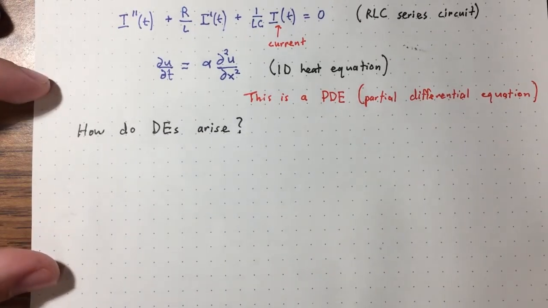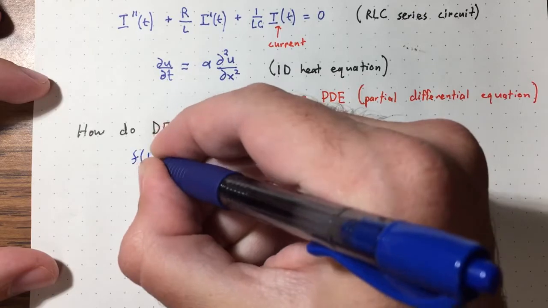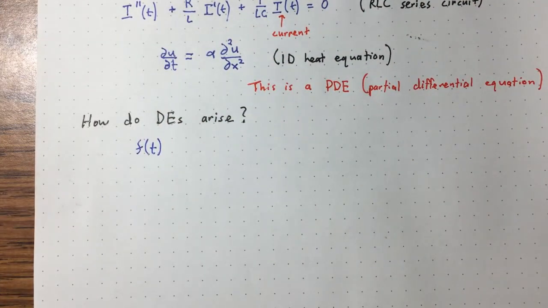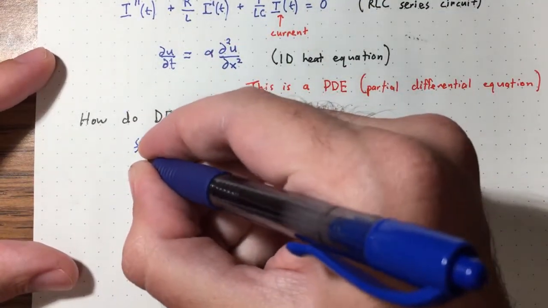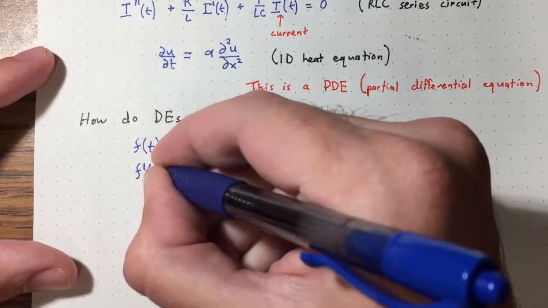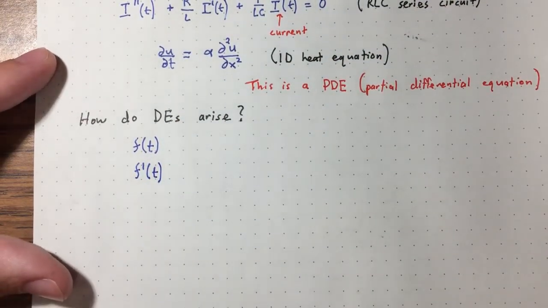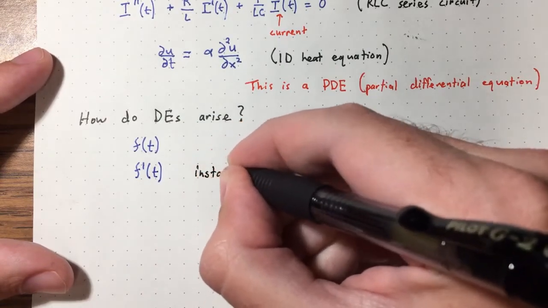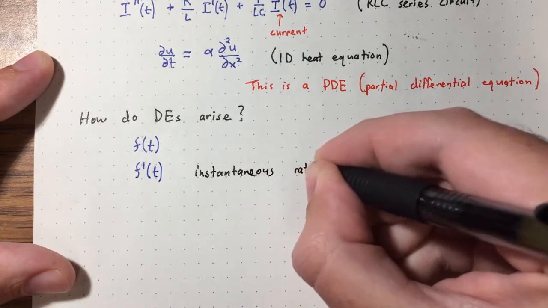So let's just quickly recall. Let's say we have a function of time. So f is just some function that varies in time. Well, what is the meaning of the derivative, f prime of t? Well, you might remember from calculus that this has the meaning of the instantaneous rate of change.